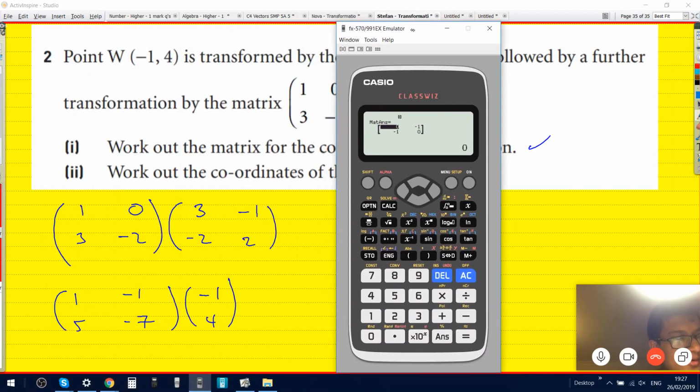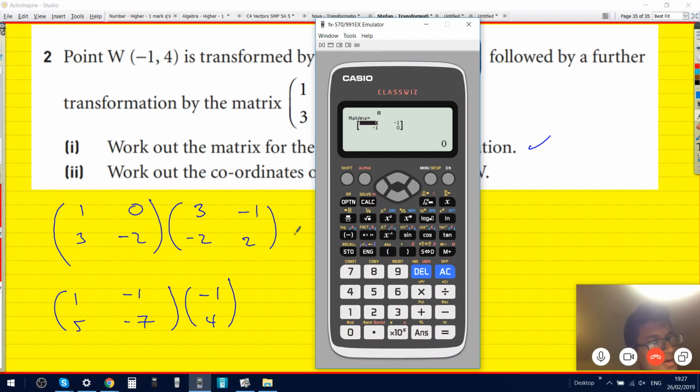So that's quite fine. Is it minus 1 times 1 plus 4 times minus 1? Is that the first thing you do? Yeah. So minus 1 times 1 plus 4 times minus 1. And then you've got minus 1 times 5 plus 4 times minus 7.